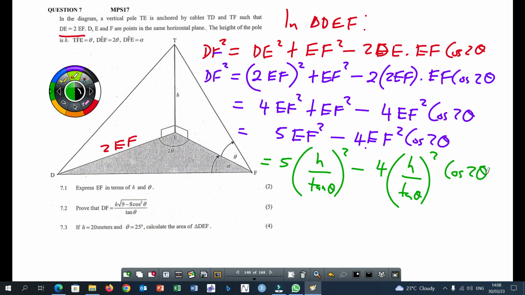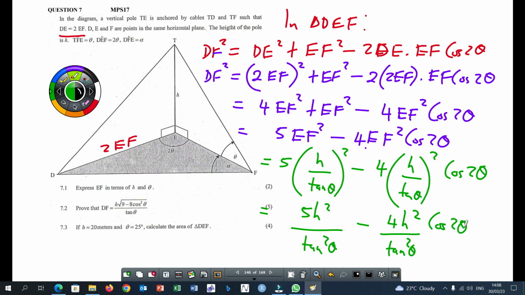Then if I simplify this, I'll get 5h squared over tan squared theta minus 4h squared all over tan squared theta times cos 2 theta. So this is equal to DF squared. So on the right hand side I've got a common denominator, which is tan squared theta.